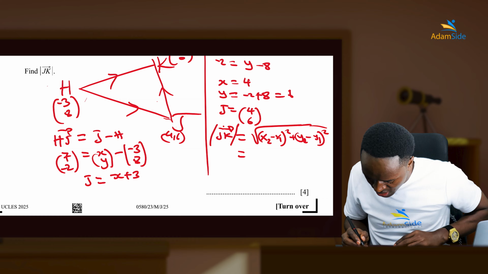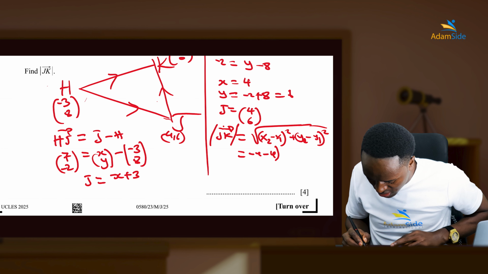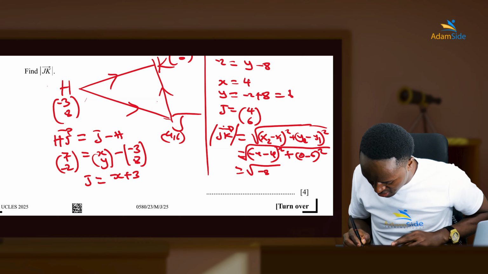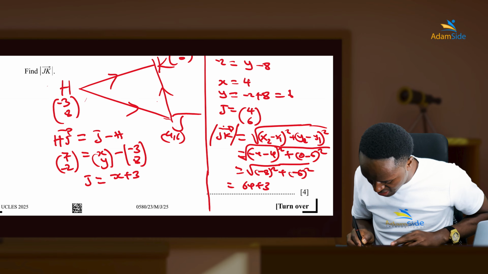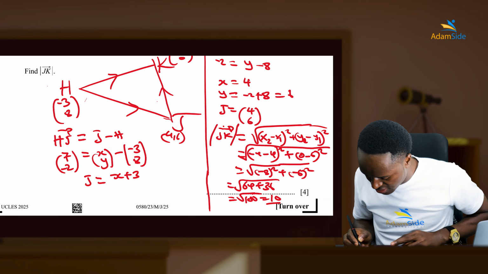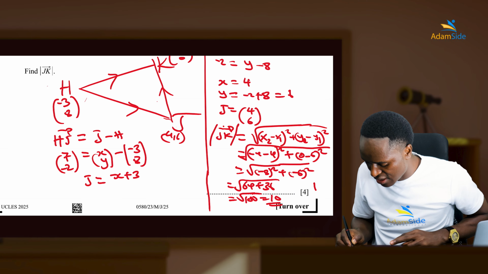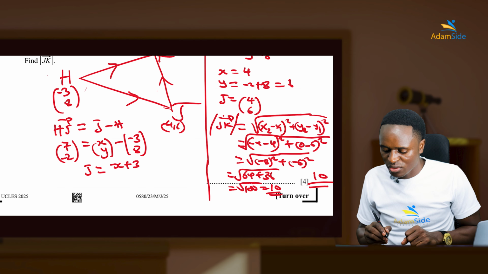For x, we have (-4 minus 4) squared plus (0 minus 6) squared. Then find the square root. That's the same as (-8) squared plus (-6) squared, which is 64 plus 36, and the square root of 100 is equal to 10. This is the distance. Now your answer is 10. JK is equal to 10.